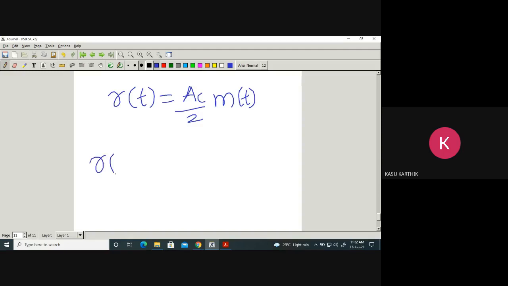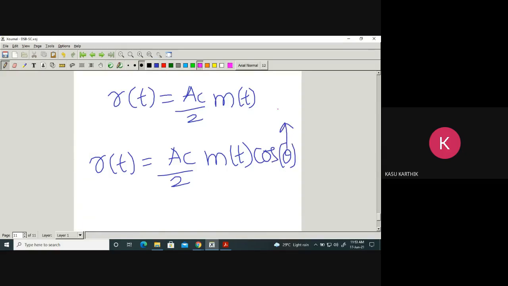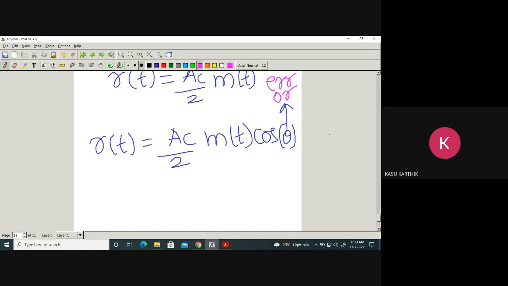But now you are getting an extra term, Ac/2 into m(t) into cos theta. What is this theta? The phase difference between the two carriers, or the phase error. This is the output at the demodulator side.